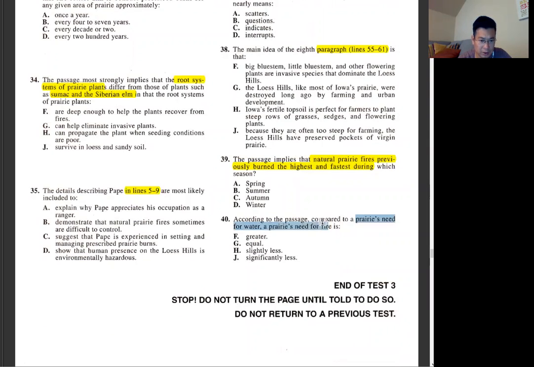According to the passage, the prairie needs fire as it needs water.